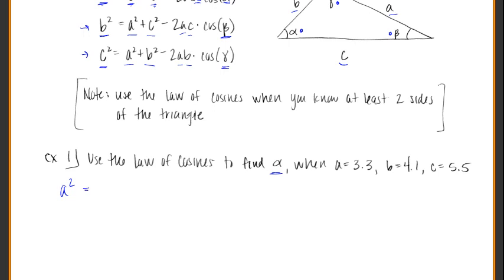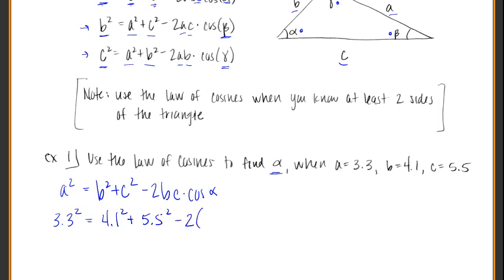So A squared is equal to B squared plus C squared minus 2BC times the cosine of alpha. So 3.3 squared is equal to 4.1 squared plus 5.5 squared minus 2 times 4.1 times 5.5 times the cosine of alpha.